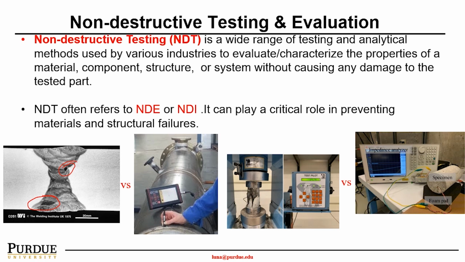As this example shows, non-destructive testing tries to understand material properties without causing any damage to the test part or object, right? Sometimes NDT is referred to as NDE, non-destructive evaluation, or non-destructive inspection. As we have discussed, it can play a critical role in preventing material and structural failure, and also avoiding catastrophic failure at a larger scale.